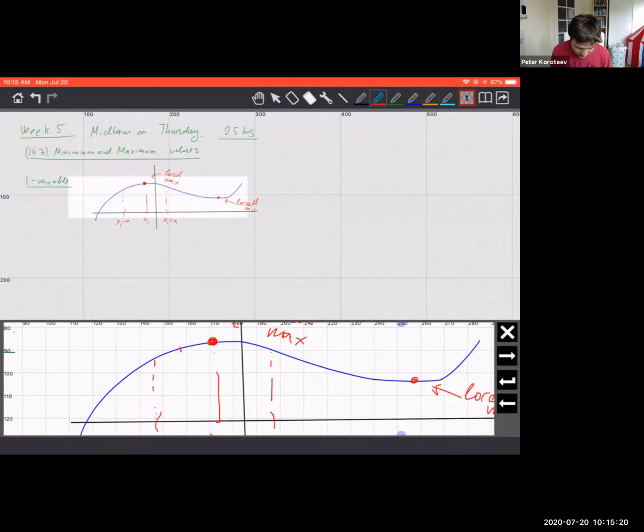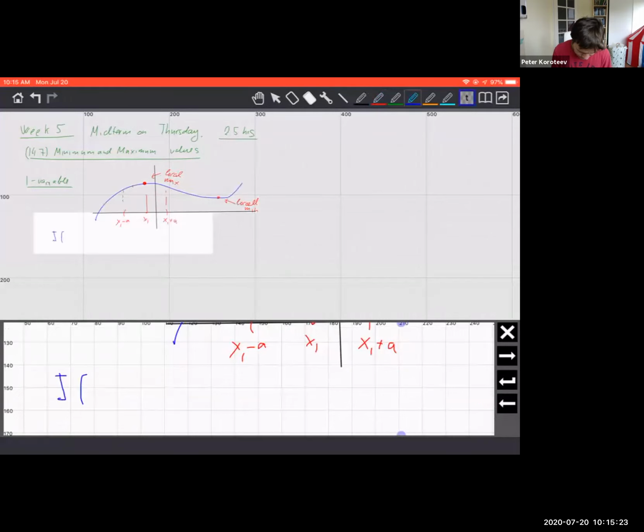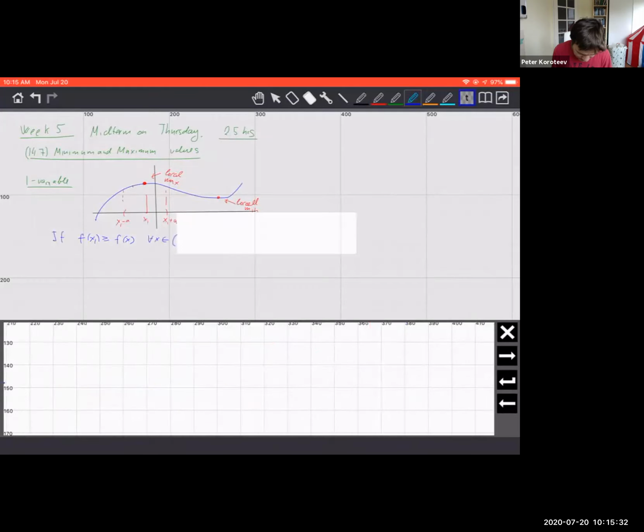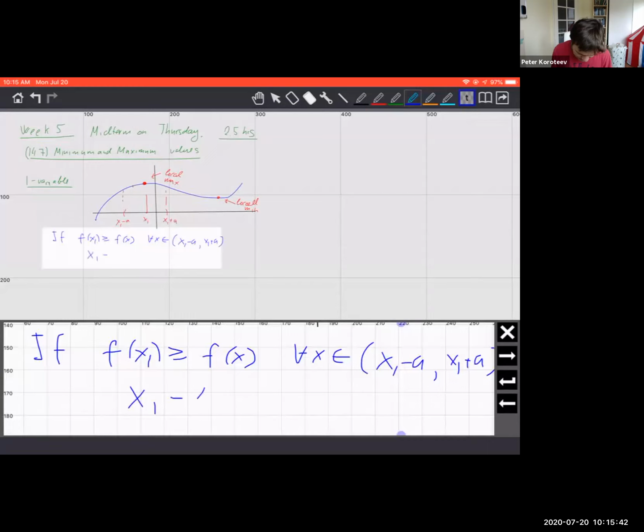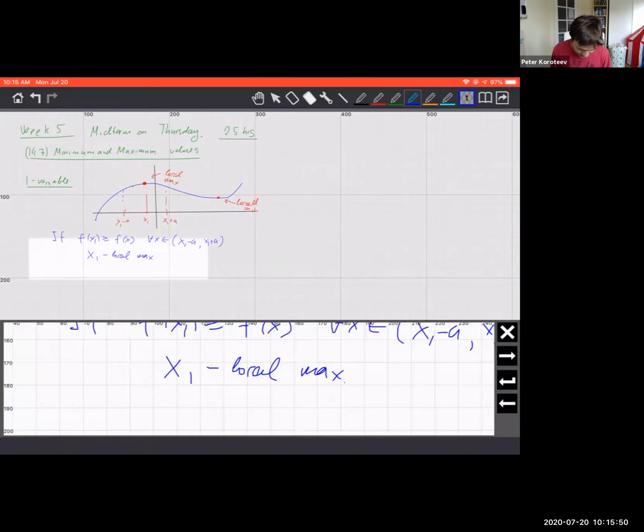And if f of x1 is greater or equal than f of x for every x which belongs to this neighborhood, then we say that x1 is the local maximum, right?